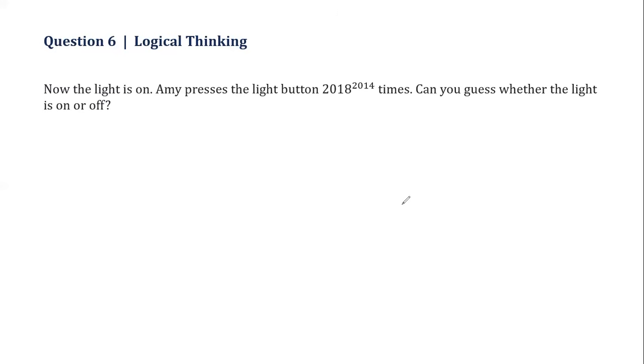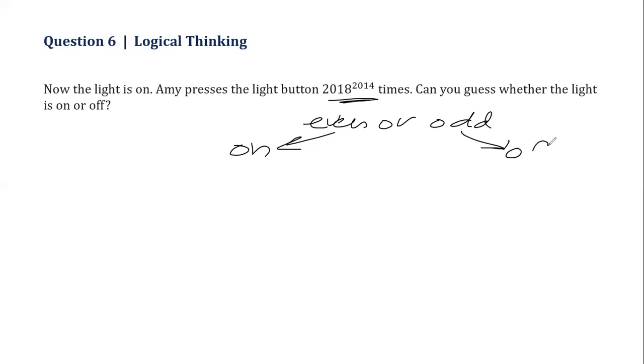Yes. Okay, so the only thing we need to know is whether this is even or odd. If it's even, then the light stays on. If it's odd, the light goes off. If we recall, if you multiply an even number with another even number, your product should be even.